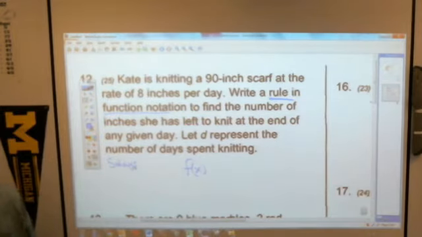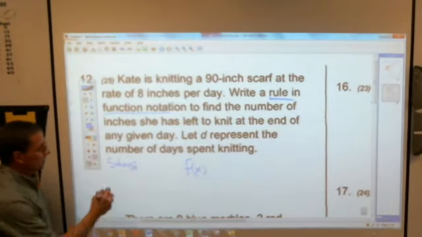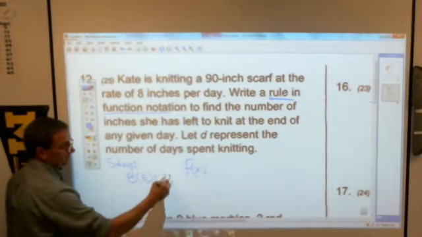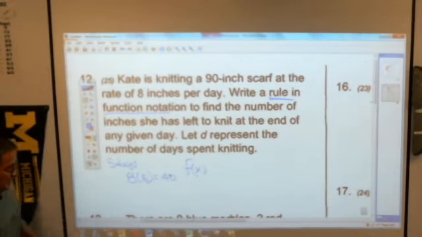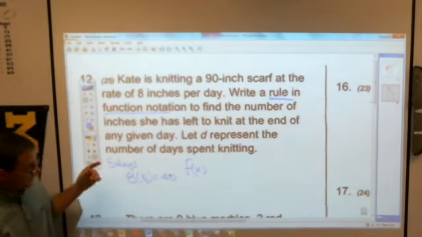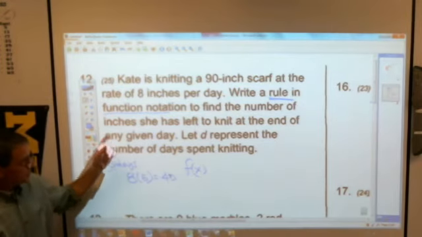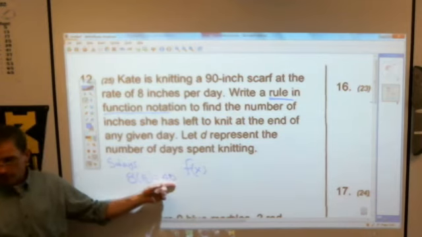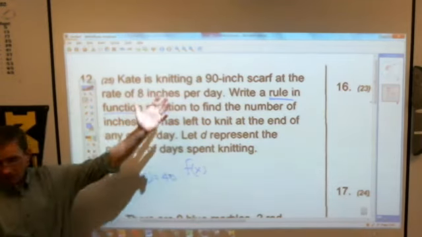How did you get that? Right, so you took 8 and multiplied it by 5 and got 40, right? That doesn't answer the question. They want to know how much she has left. So she's knitted 40, and she needs to knit 90. How much does she have left to go?